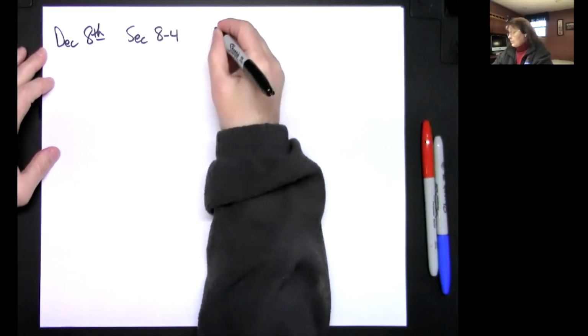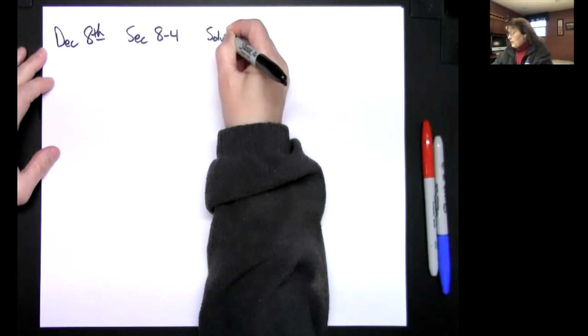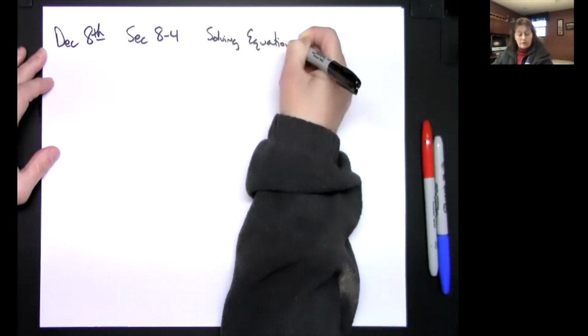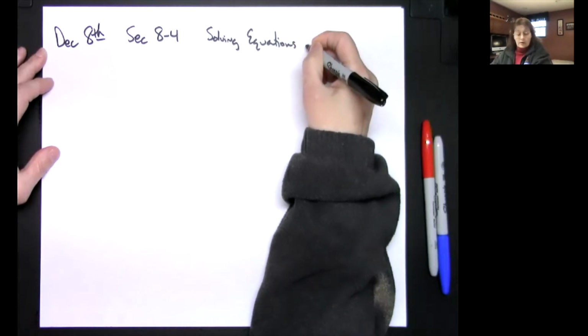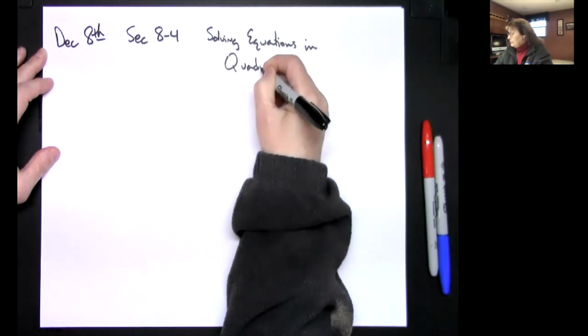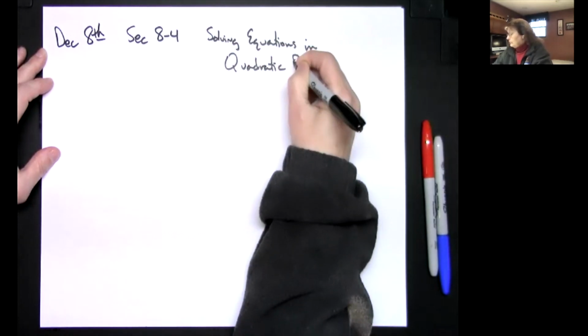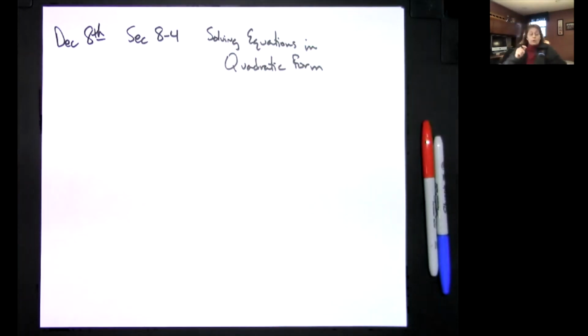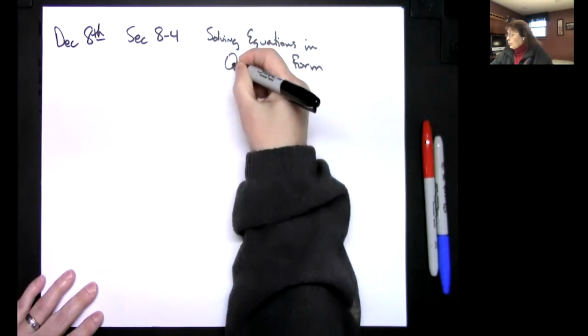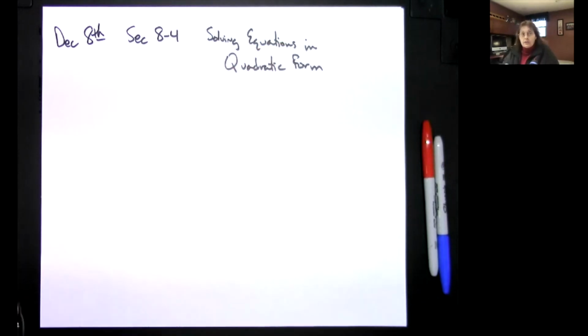All right, so this time we're going to be solving equations in quadratic form. To do that, we're going to want to solve it like a quadratic, so we're going to set it up with a u substitution type thing.